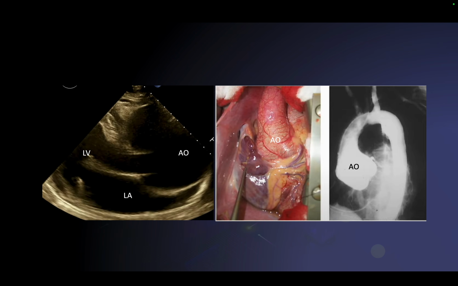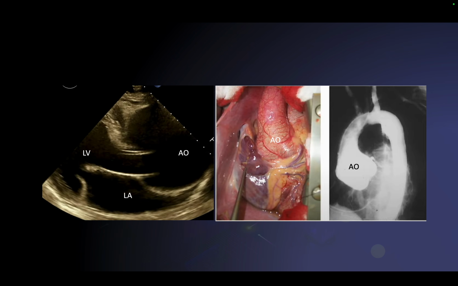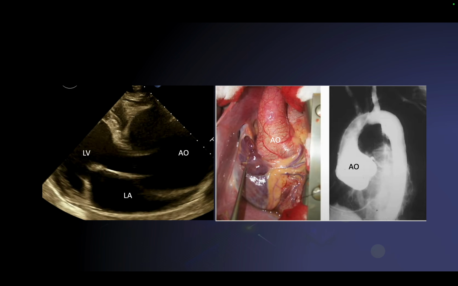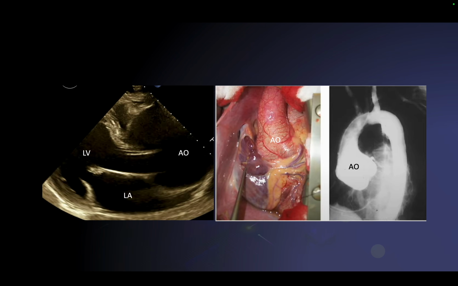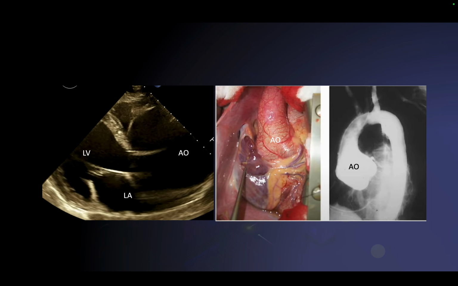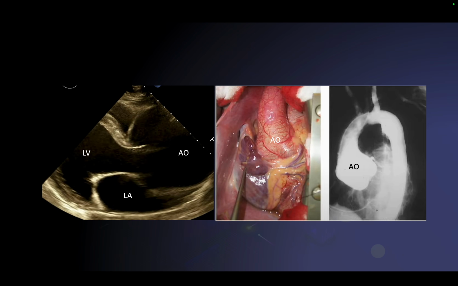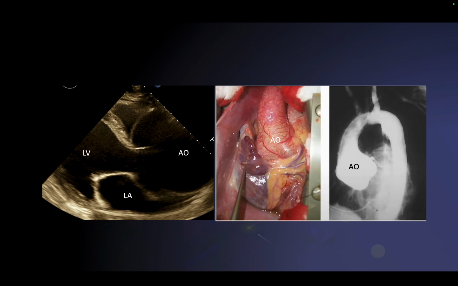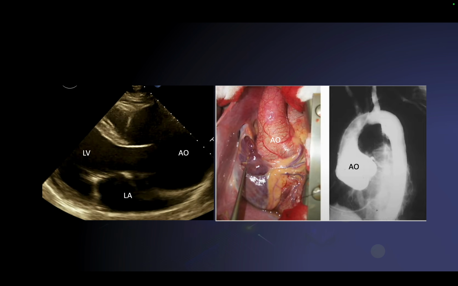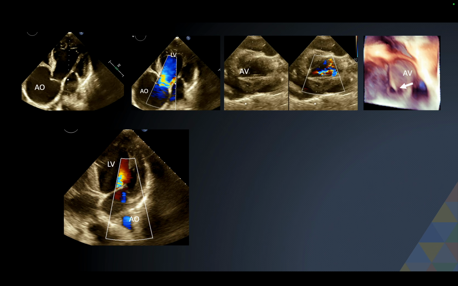Now we can get an aortic root dilatation. Marfan syndrome particularly affects the sinuses of Valsalva and the ascending aorta, while other disorders affect the peripheral aorta and even peripheral arteries as well. Now, this is a case of dilated aortic root.